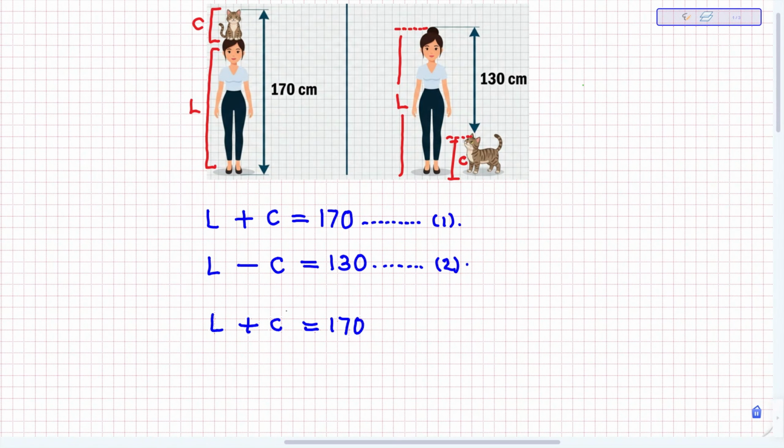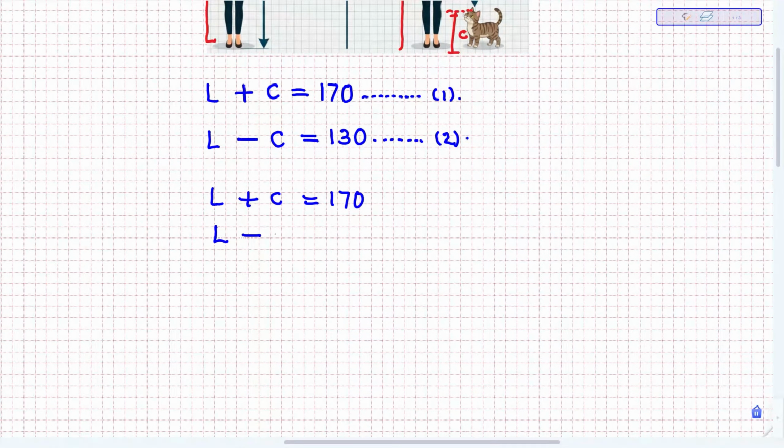So let's rewrite these equations once more in order for us to execute the elimination method of solving systems of equations. So our second equation is L minus C equals 130. Therefore, for us to eliminate, there are always two things to remember. One, you have to select what to eliminate, and secondly, look at their coefficients and the signs. For now, I would like to eliminate the C as the height of the cat.